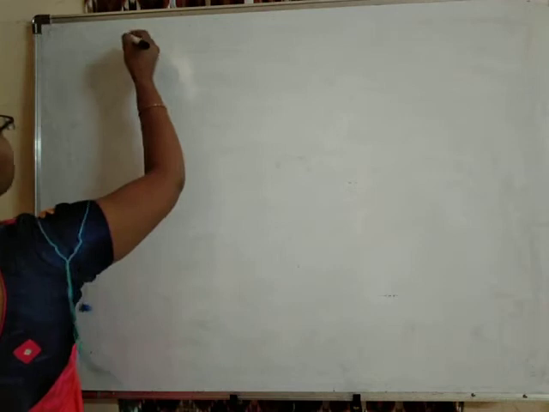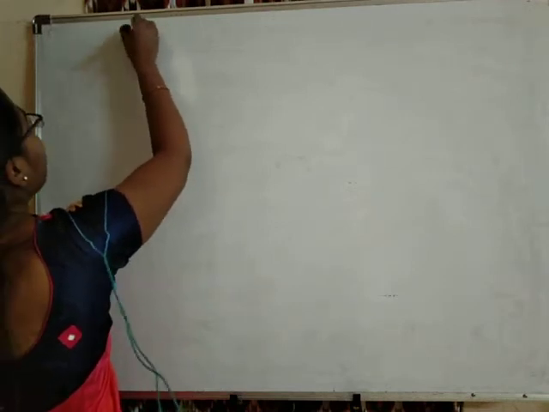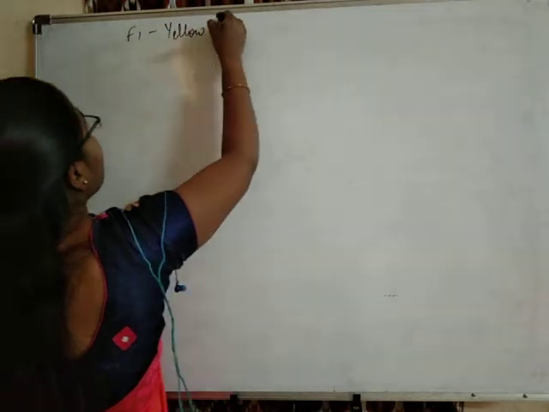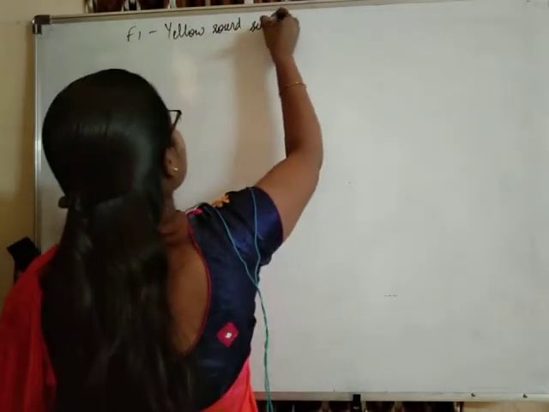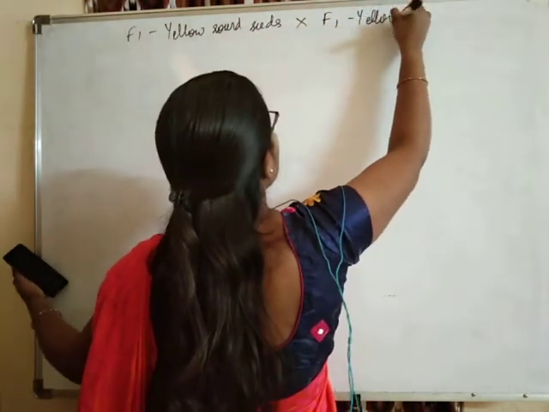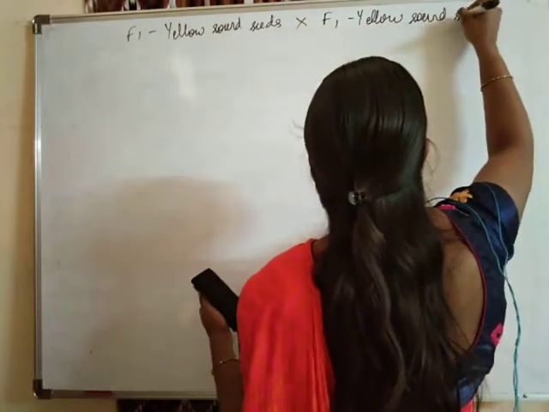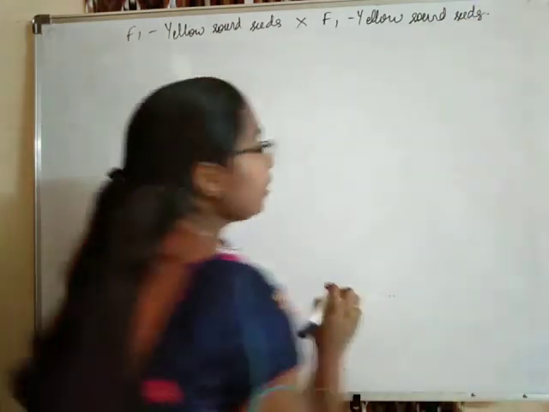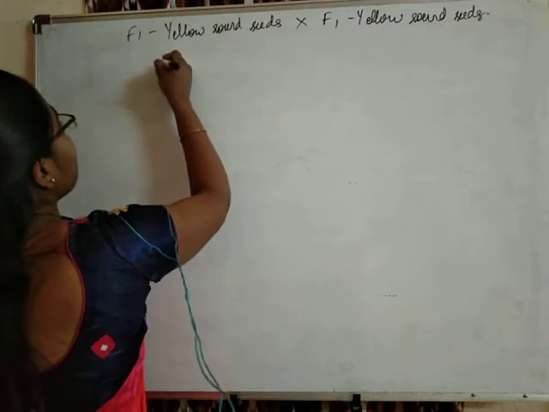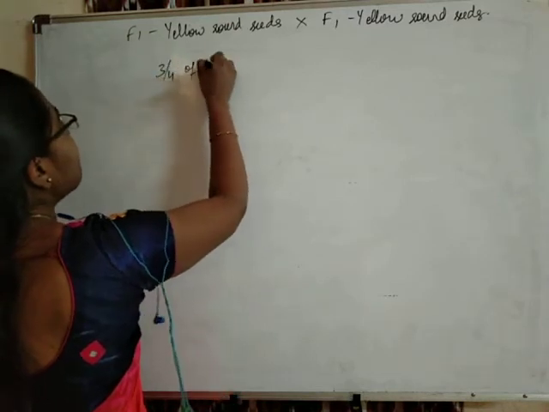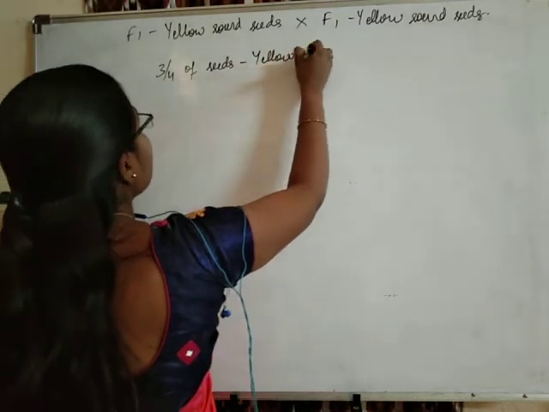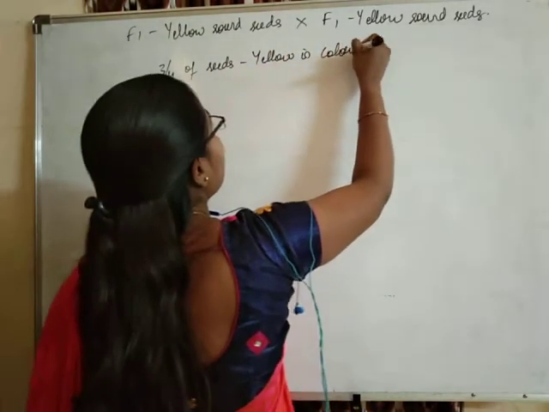In the F2 generation, when he crossed the F1 yellow round seeds with the F1 yellow round seeds, he obtained that 3/4 of the seeds were yellow in color.